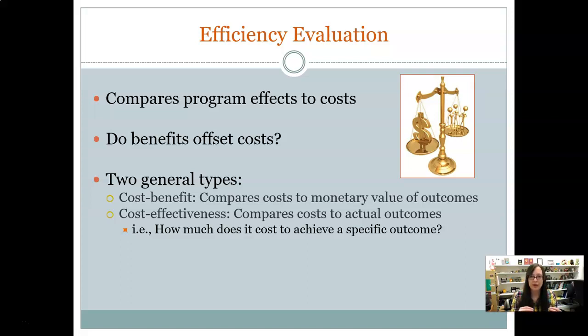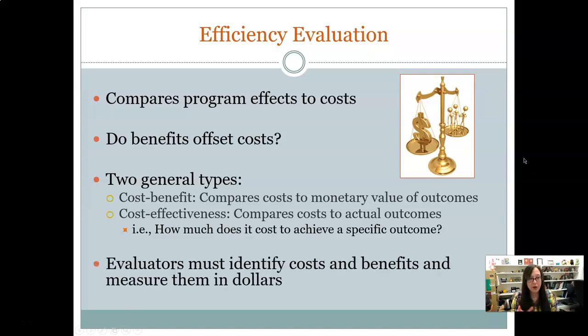That's a little bit more difficult to put numbers on, but you can basically say, well, if we want, say, our recidivism outcome to reduce by this much, by 10%, by 25%, whatever we want, how much does that cost? And so that's a cost effectiveness analysis.